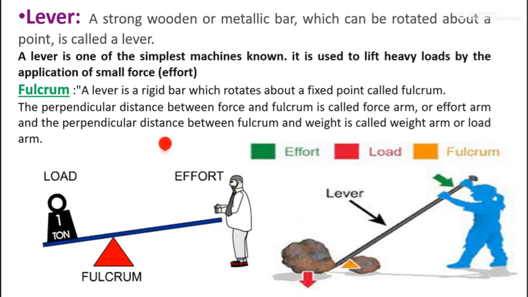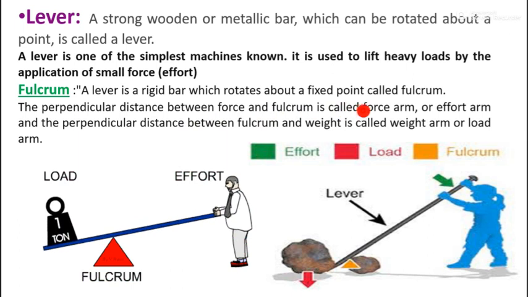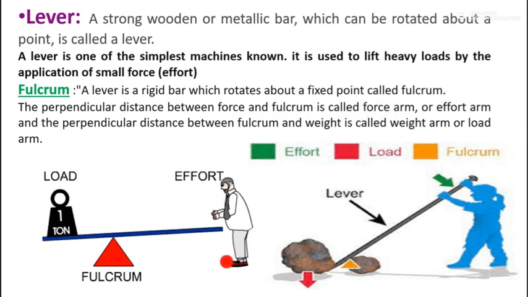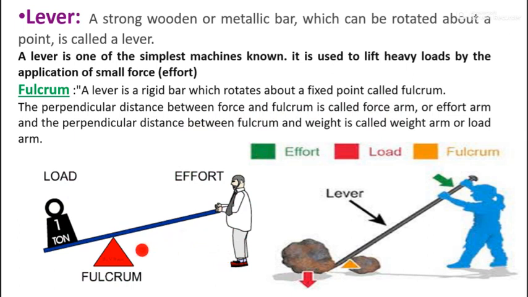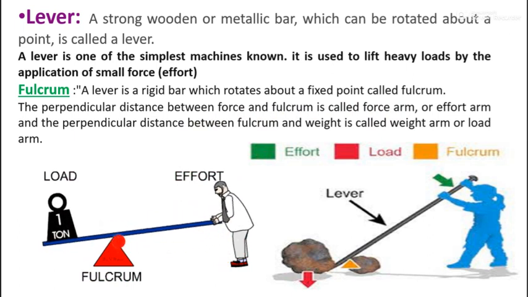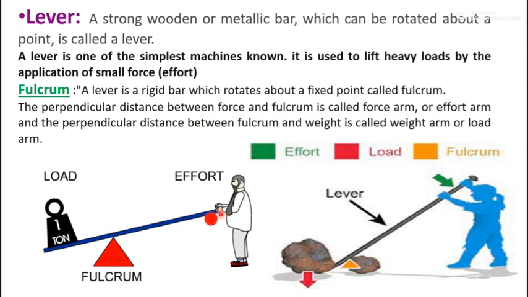The perpendicular distance between the force and the fulcrum is called the force arm, or effort arm. In this picture you can see this part is called the force arm.